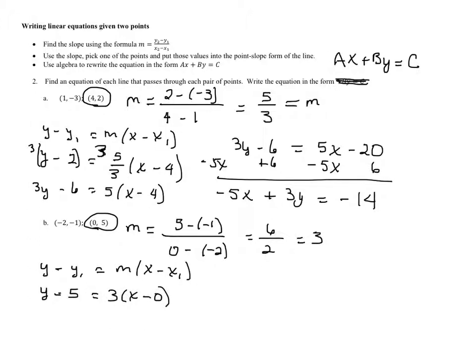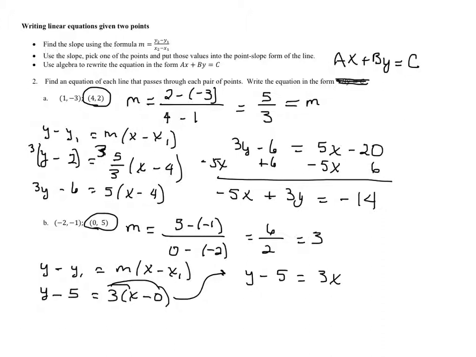And this is so nice because that 0's in there, it makes it really nice. So it's going to be y take away 5 is equal to just 3x, because when I multiply 3 times 0, I will get 0.